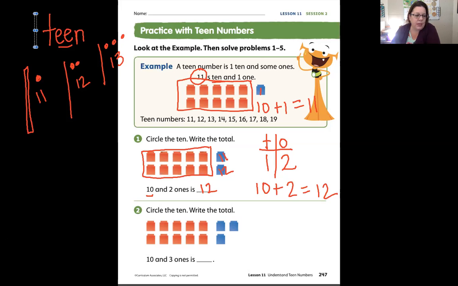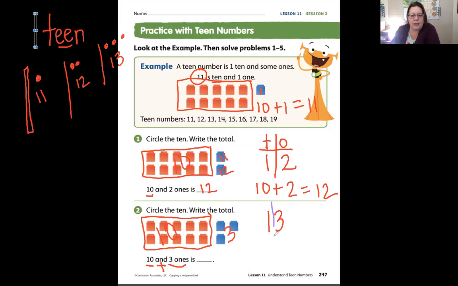Okay. So I'm going to move this up here, and we're going to go down where it says circle the 10 and write the total. So here we are circling or boxing in our 10, labeling it. There's our 10, okay, and 3 ones, right? So 10, and there's our joining word. 3 ones is what? 10 and 3 ones.